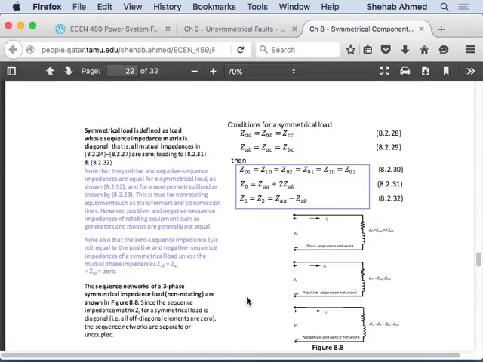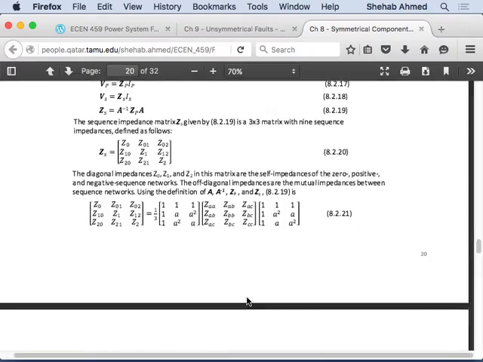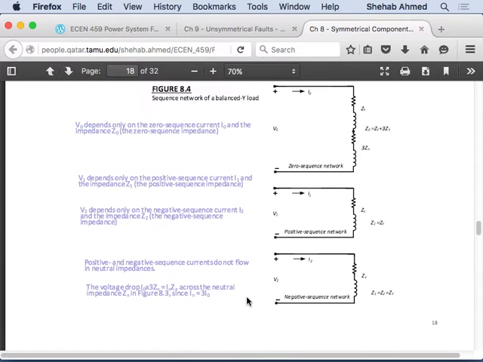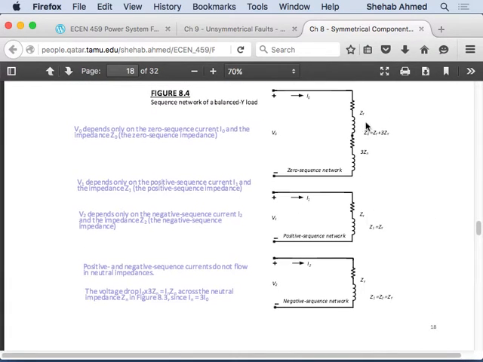For the load, it was the same, just a Z star, Z star, Z star, right? So for the load it's the same, but you just add 3Zn if you have a neutral impedance. So we have load, we have transmission. Load is the same. Transmission line, I just showed you Z0 and Z1 and Z2.